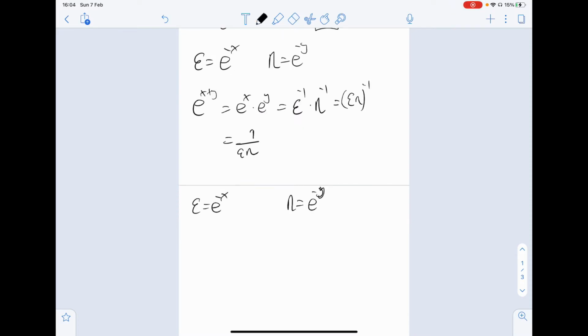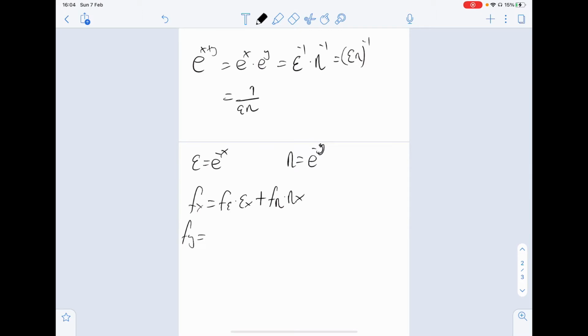Now we need to work with the chain rule, so we say that f sub x is equal to f sub epsilon times epsilon sub x plus f sub eta times eta sub x, and the same way for y, just changing the variables as x is equal to y.